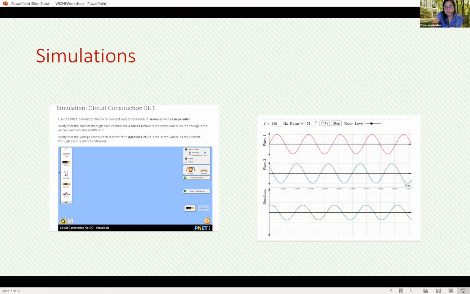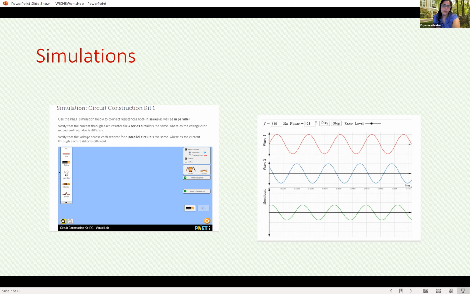The simulation on the right is one I use when I teach sound waves. It shows what happens when two waves mix or interfere as they reach an observer standing there. The students can change the frequency of those waves, and they can change the alignment of the two waves as they reach you.